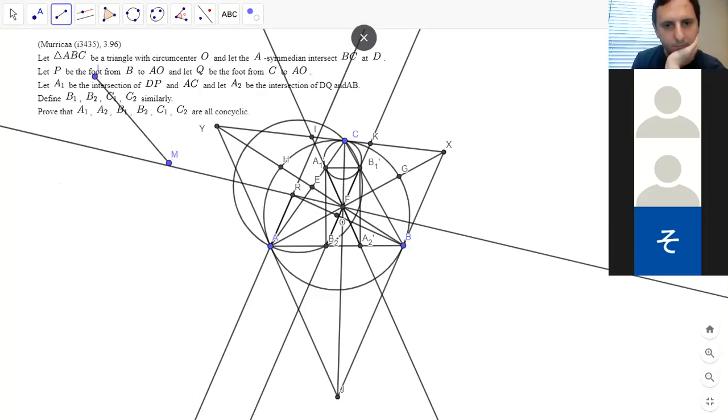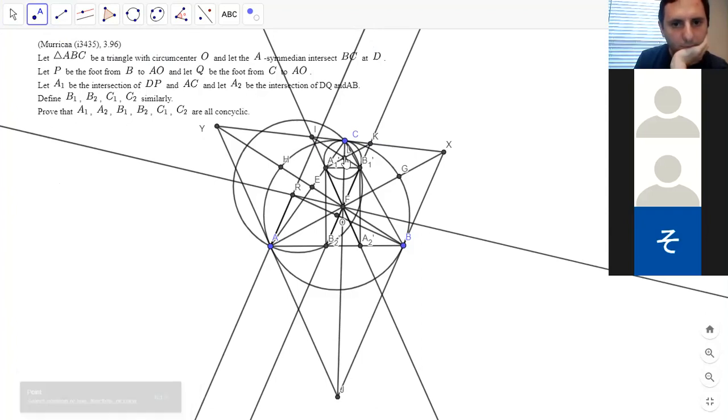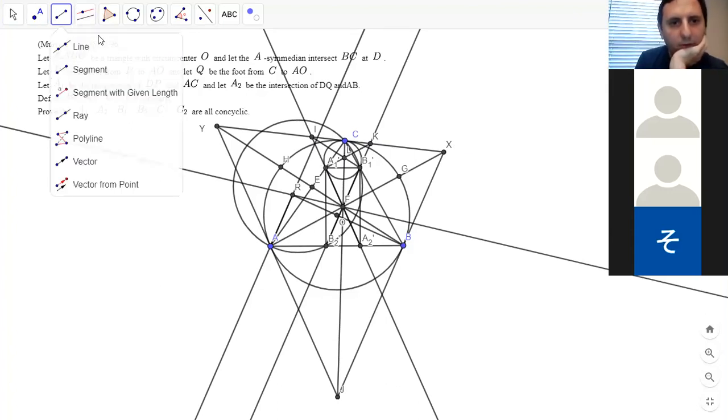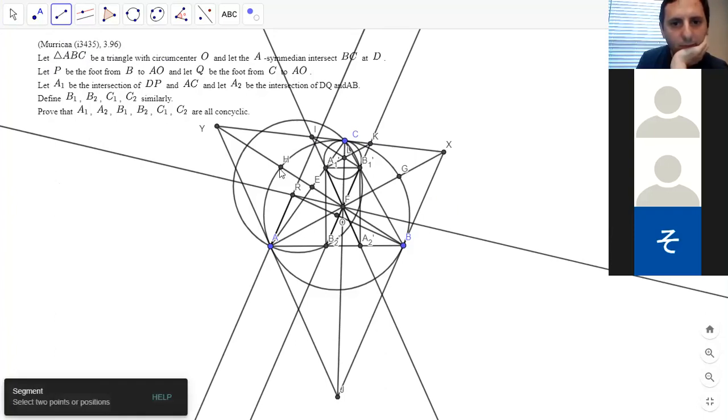These are going to concur. Are H, L, and X collinear? I don't think so.